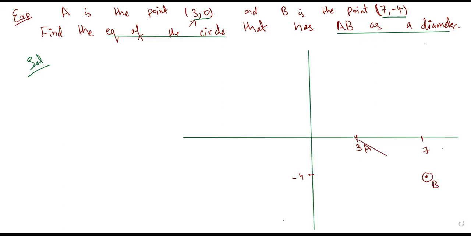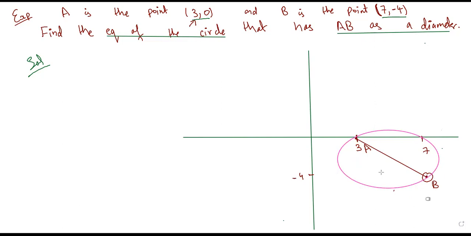This is basically the diameter of my circle. Let's try making the circle now around this diameter. Something of this type, right? The central line is basically AB, which is the diameter of this circle.